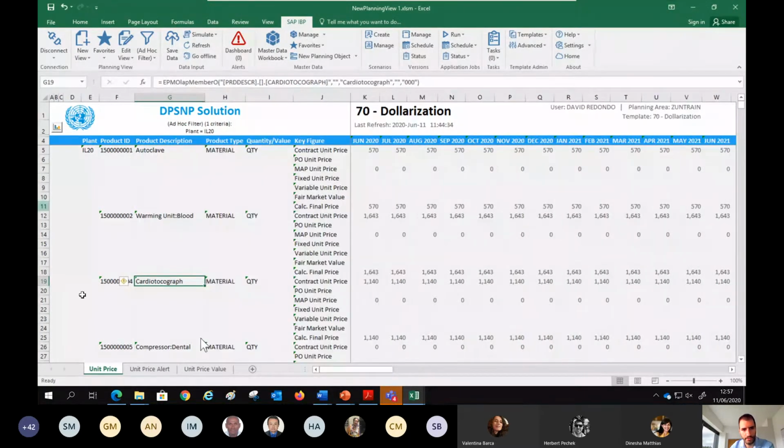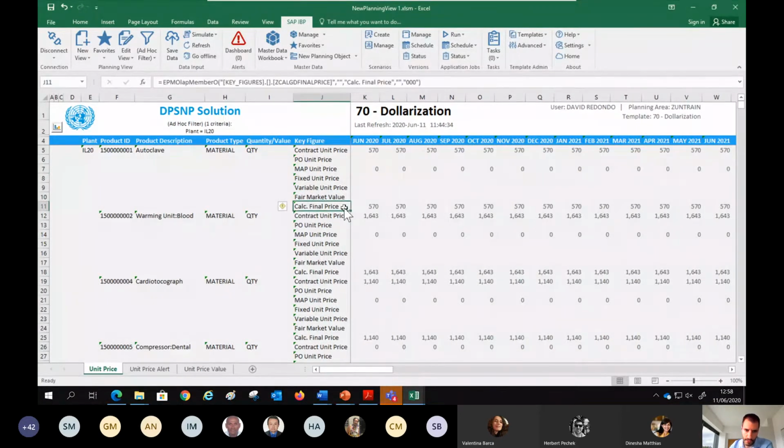On the left side, as usual, we have our attributes. I filter by this particular plant. So we have the plant, the product, the description, the type of material, and if they are managed as quantity or as value. And then we have these different key figures, I think there are 7 of them, so we'll go one by one to explain the meaning.